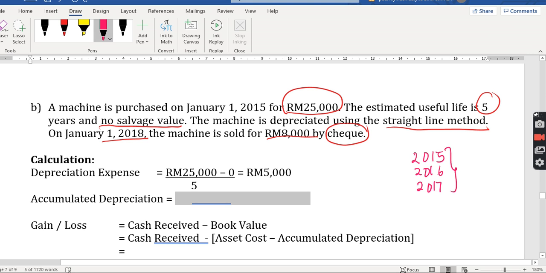So all these 3 years, the account was already adjusted during the closing date.